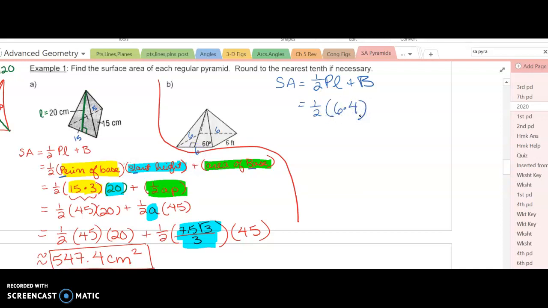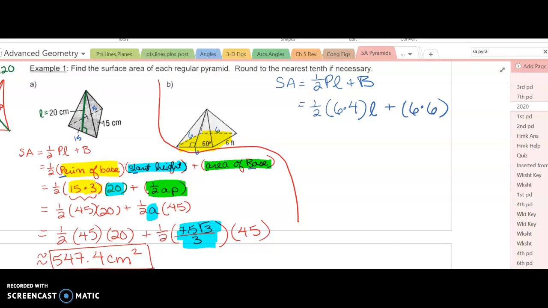Our slant height, this time it does not give to us, so we're going to have to find it. Let's just write L for now. Plus the area of the base, which is just a square, so side times side, 6 times 6.